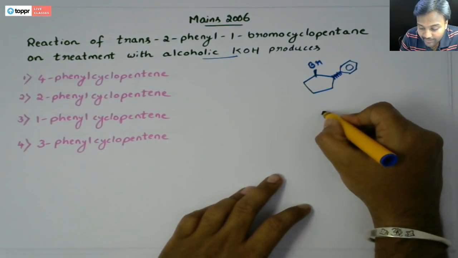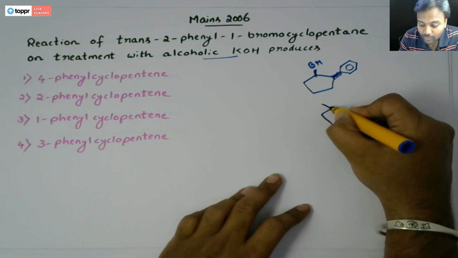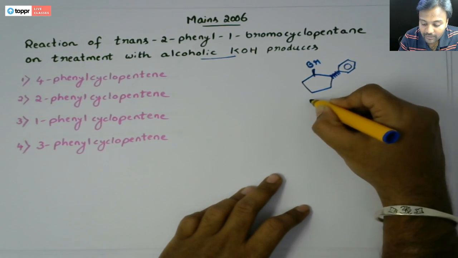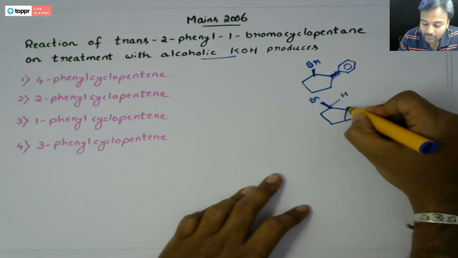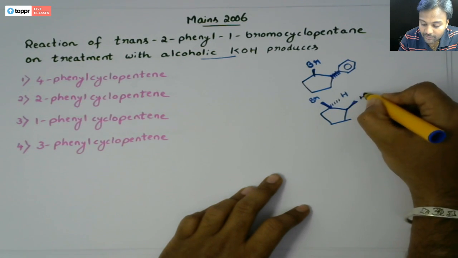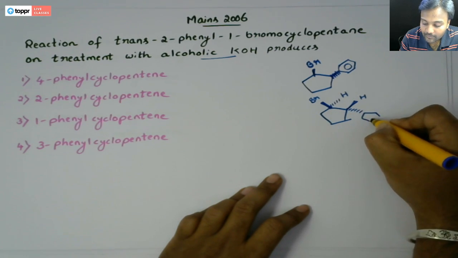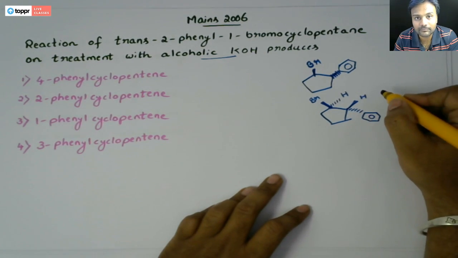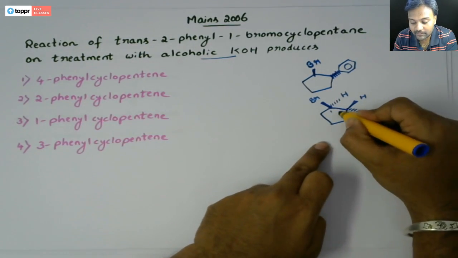Now let's draw the hydrogens present adjacent to it, because each carbon has one bromine in this way and the other is the hydrogen. Here also you have one hydrogen and the other will be phenyl. This is trans 2-phenyl, here 1, this is 2.